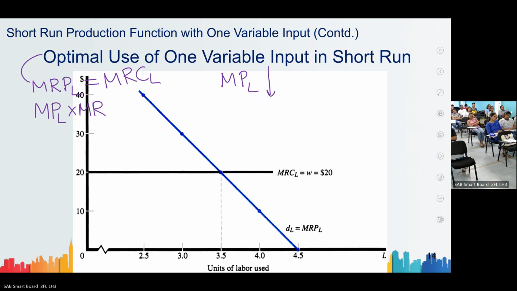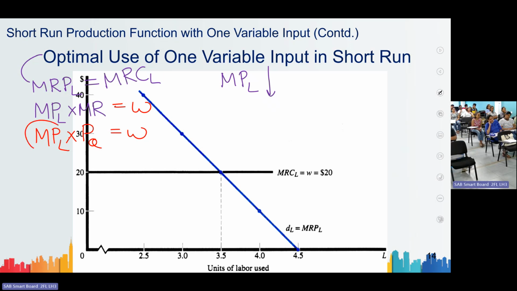So marginal revenue product of labor is MPL into marginal revenue, or more specifically, marginal product of labor into price of output, which should be equal to the wage rate.